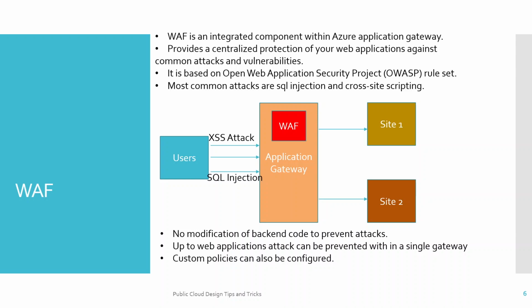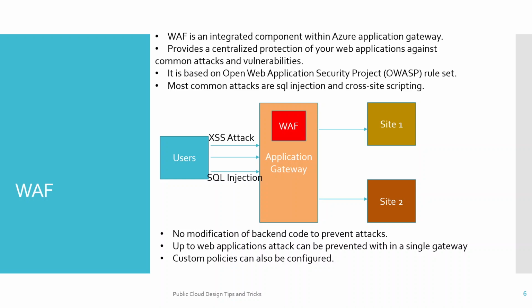So the WAF rules protect the downstream web applications from those kinds of attacks. Now there are a few advantages of WAF. One is that no modification of backend code is required. When you are writing many backend applications, WAF is the single centralized area where you can write all your rule sets to protect against this kind of attack. So there is no backend change required.